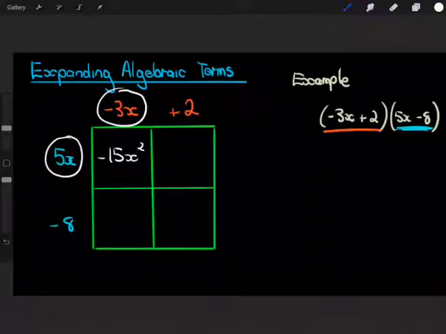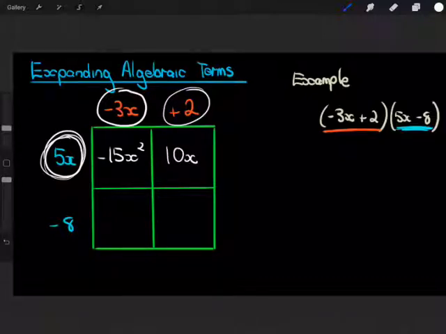Okay, the next one, I'm going to multiply 5x by positive 2. So 2 times 5 is 10, and the x is just on its own, so it's 10x. Now I'm going to multiply minus 8 by negative 3x.